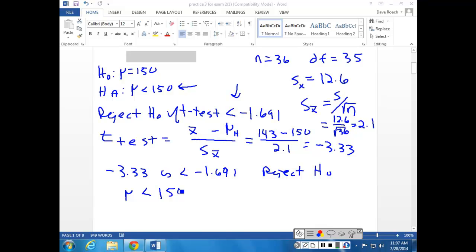Which means the average sales, we're confident that average sales is less than 150, that this 143 can't be accounted for by chance alone. There's some real effect there.